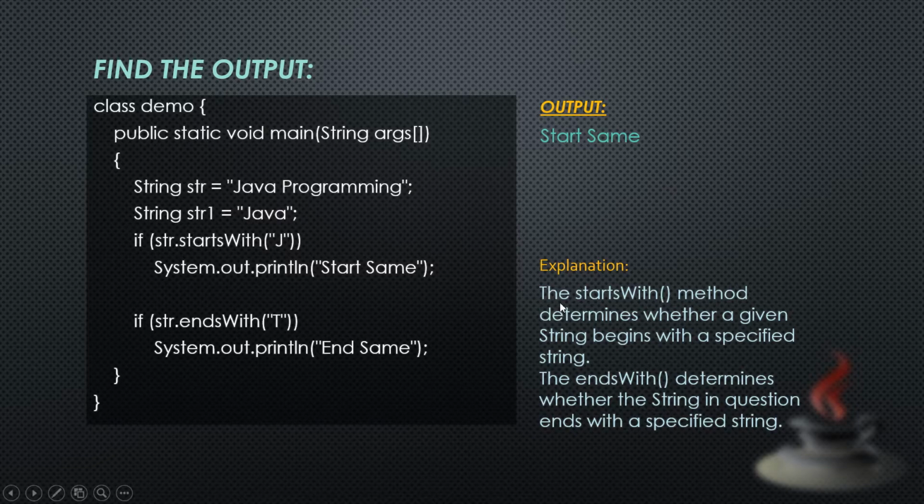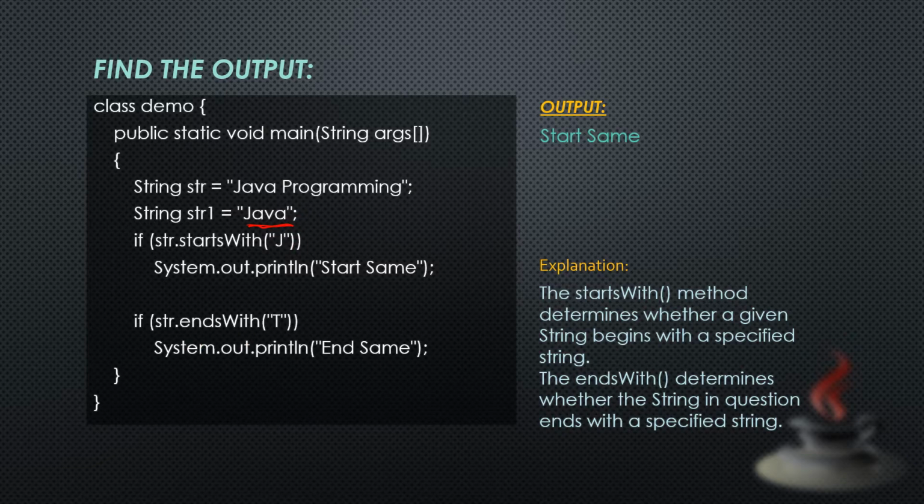The explanation is here. The startsWith method determines whether the given string begins with a specified string, and similarly the endsWith method determines whether the string in question ends with a specified string. Let's say in your second statement, if str1 ends with a, then it will return end same. Why? Because if you see the second string, that is Java, it ends with a.